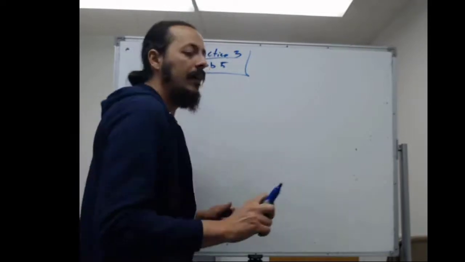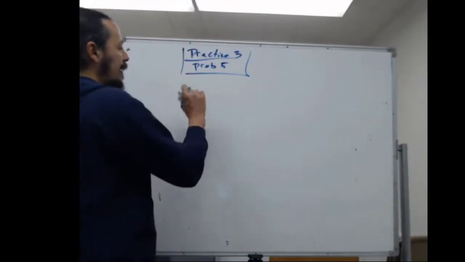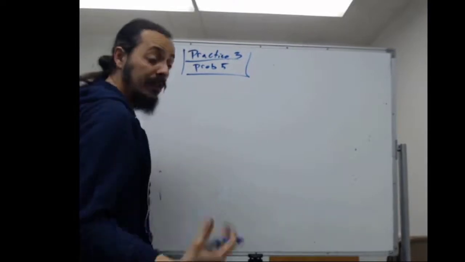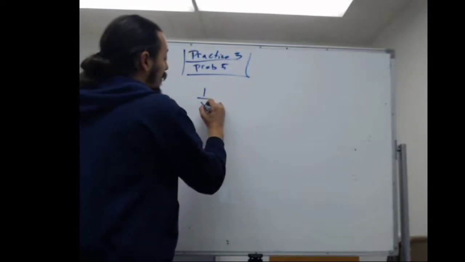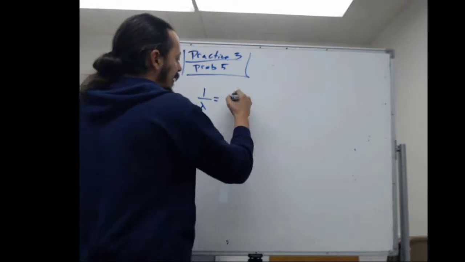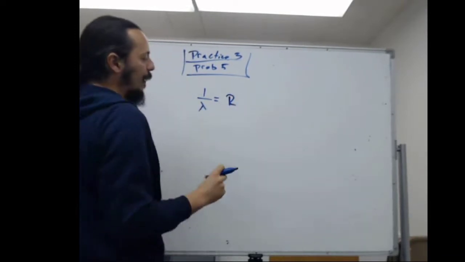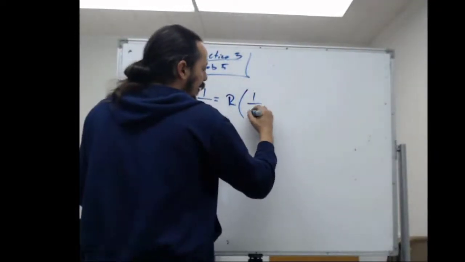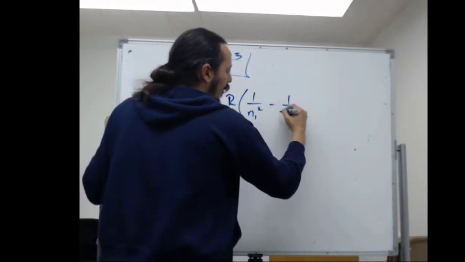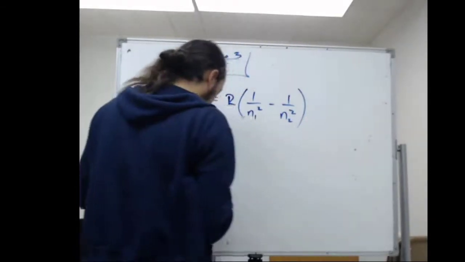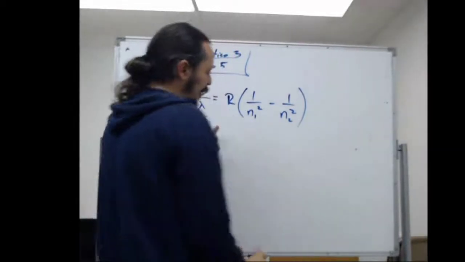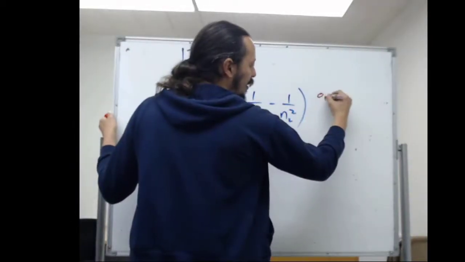But this one, since it's specifically emission, I can go ahead and use the Rydberg equation that's designed for emission. 1 over lambda is equal to the other Rydberg constant times 1 over n1 squared minus 1 over n2 squared. This equation is only for emission.